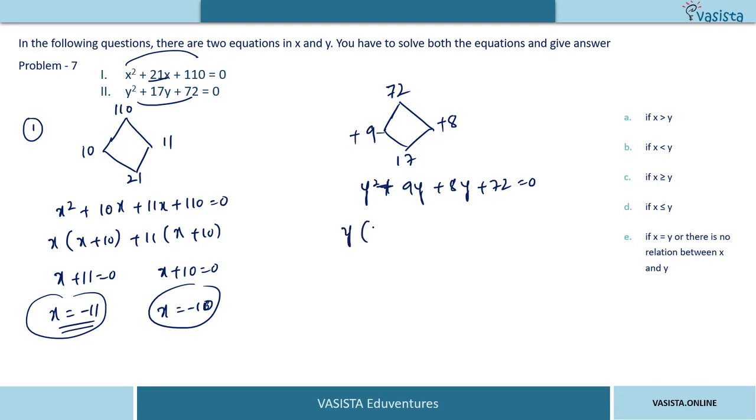If you take y common, y plus 9, plus 8 if you take, you get (y + 9)(y + 8) = 0. So y + 8 = 0, or y = -8. y + 9 = 0, or y = -9.